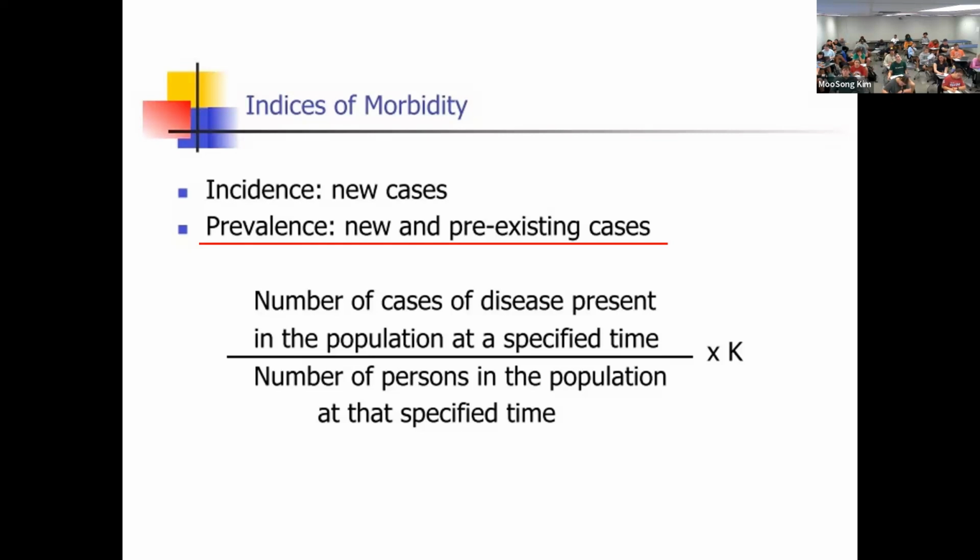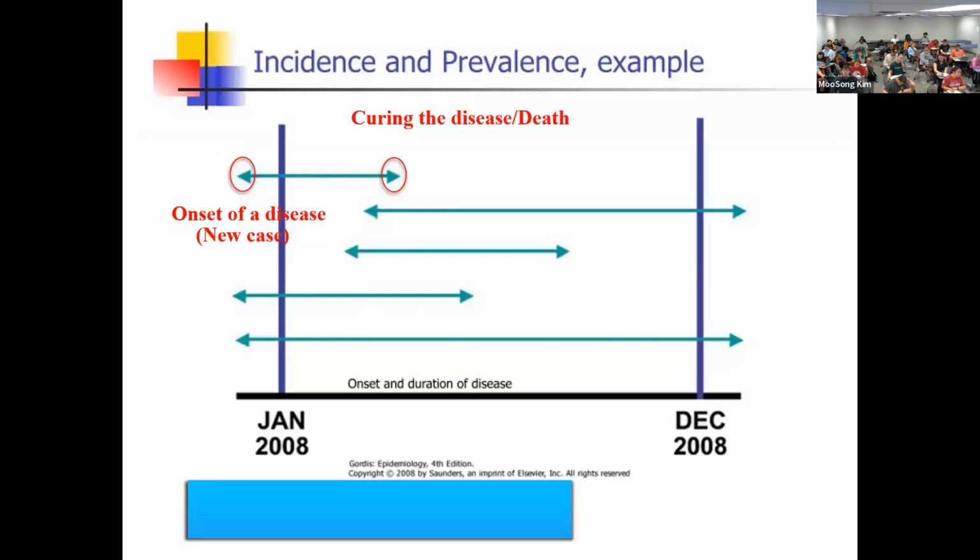Okay, let's do a simple practice. This arrow on the left side means the onset of the disease. The disease continues until this point, and this arrow means the cure of the disease or death from it, either one. So it is the outcome of the disease. This one is the onset, a new case, and this one is the cure or death.